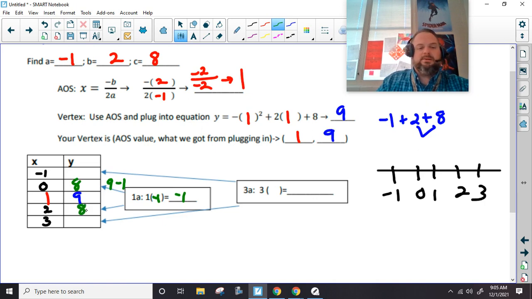So that goes here and here. All right. Again, our a was -1. Okay. Now, what is 3 times -1? -3. So what is 8 minus 3? 5.